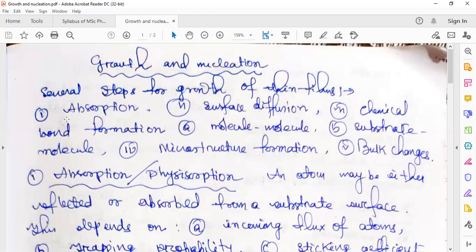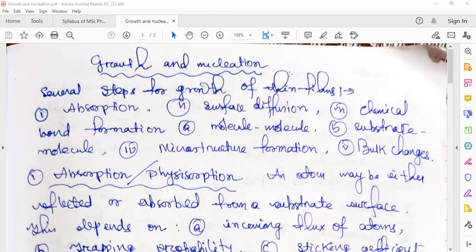These steps are absorption, step 1. Step 2 is surface diffusion, then chemical bond formation. Chemical bond formation is of two different types. One is molecule bond formation, and the other one is substrate molecule bond formation. And then microstructure formation, and then bulk changes.